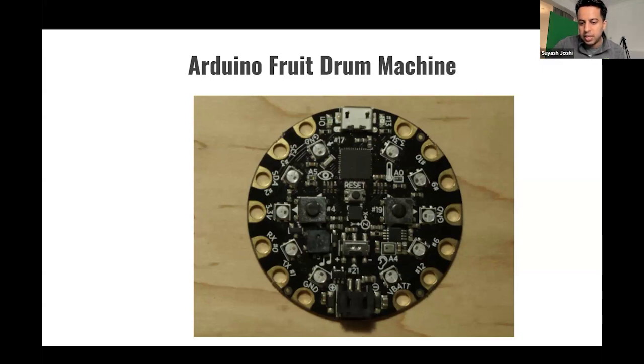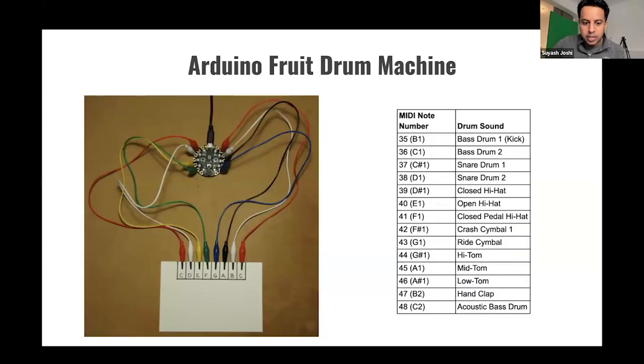So I'm using MIDI, which is another library for Arduino. It's for music. I guess it stands for music interface something. Basically, it communicates music electronically. So this is essentially what is happening. The alligator cables here are just connected to this cardboard with what looks like piano keys.